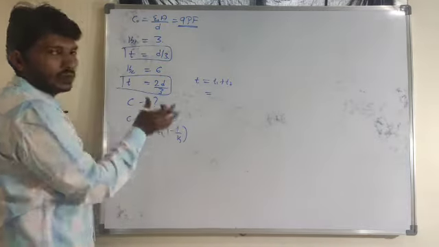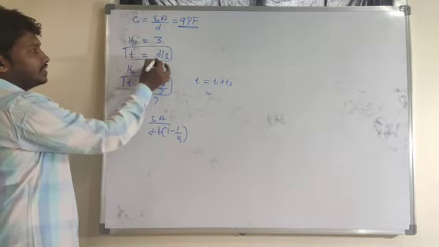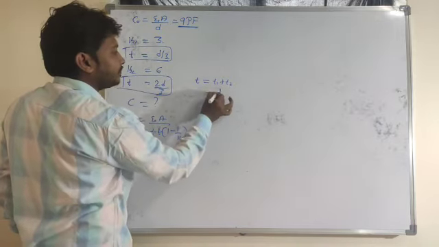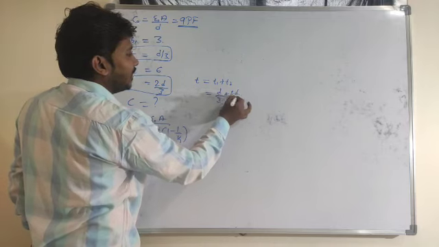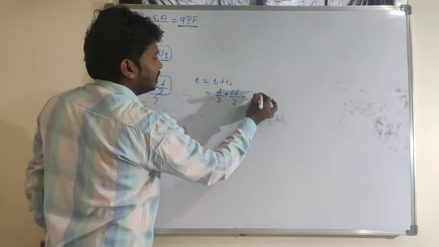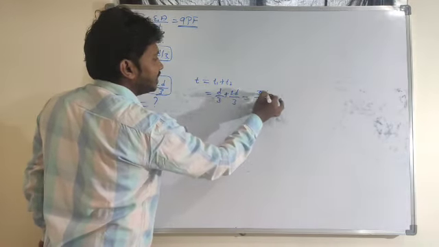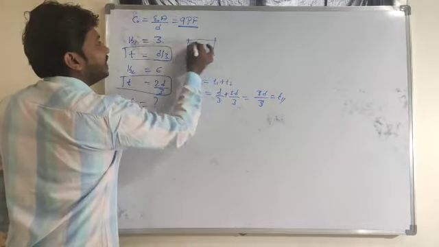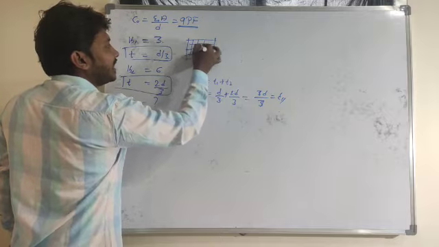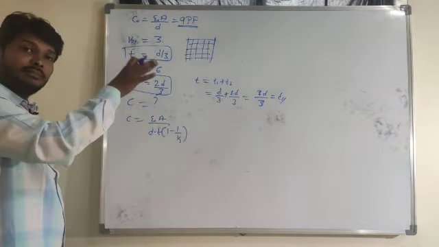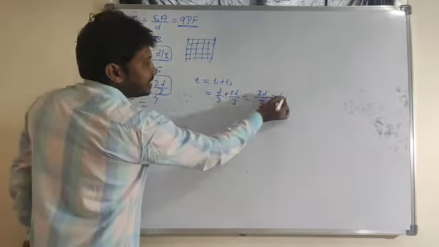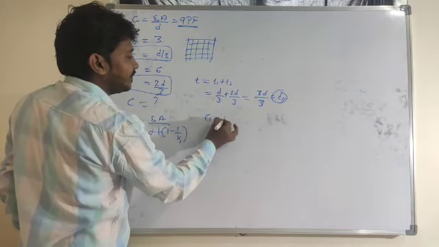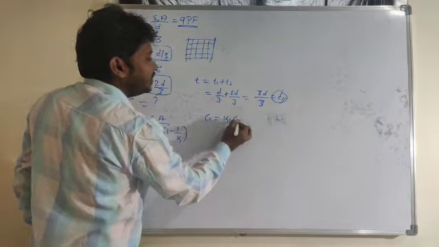T1 plus T2 is D by 3 plus 2D by 3, which is D. So the entire space between the plates is filled with the dielectric medium, and there is no empty space. So I will consider that C1 is equal to K1 into C0 here.